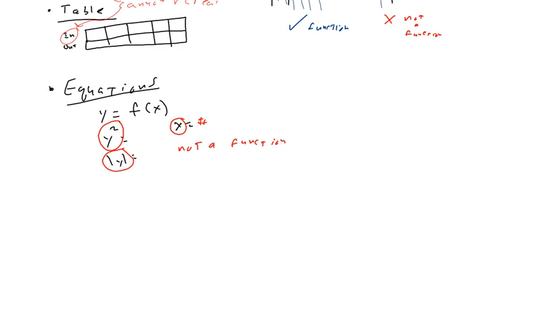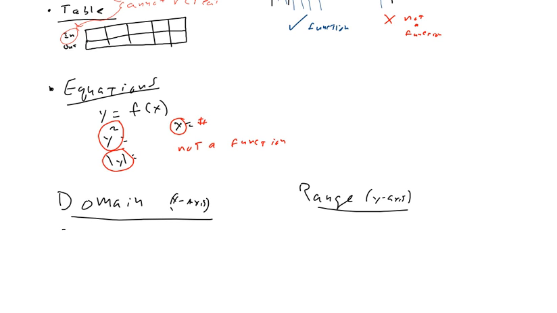We know that we have these two pieces we talked about. Functions are represented by a domain, which is our x-axis, and our range, which is the y-axis on the graph. We're going to give a definition for domain and range.